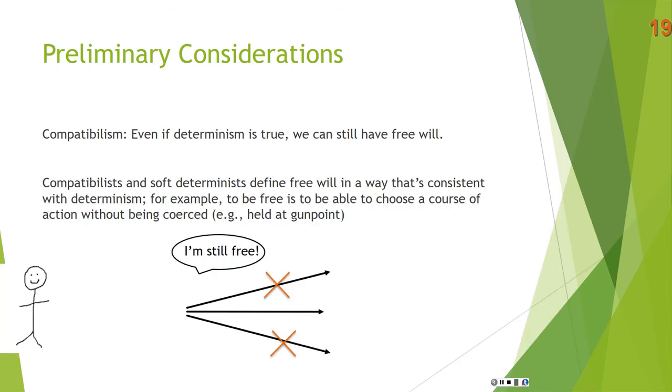And they believe this because they have their specific definition of free will. So compatibilists and soft determinists define free will in a way that's consistent with determinism, right? For example, they might say that to be free is to be able to choose a course of action without being coerced from the outside, like without being held at gunpoint, for example.